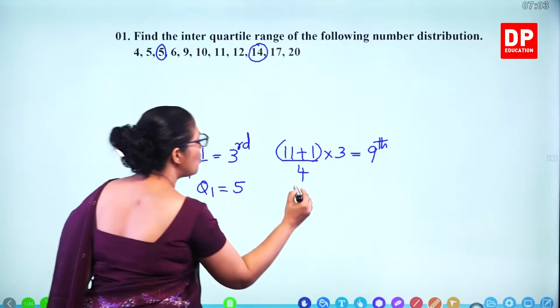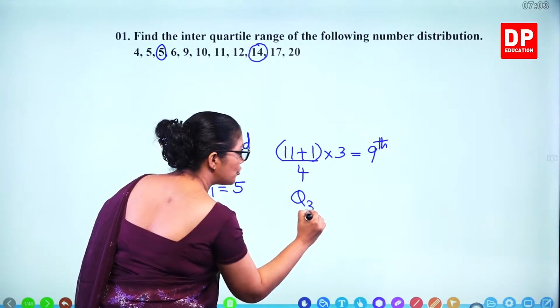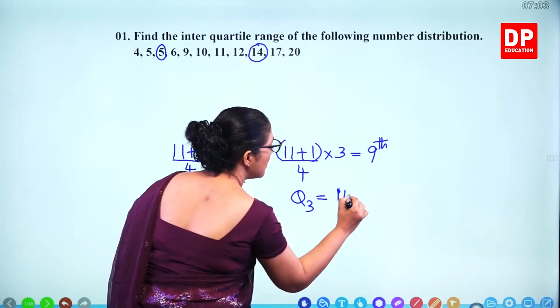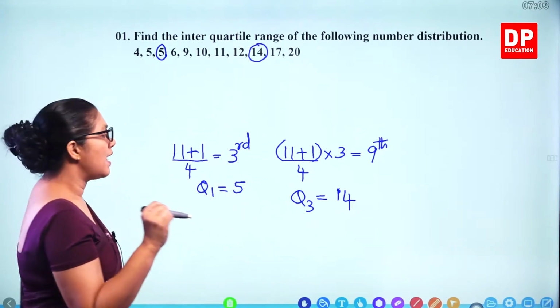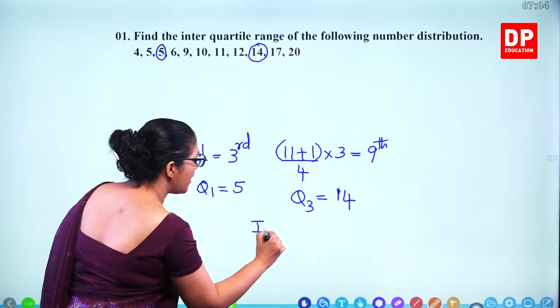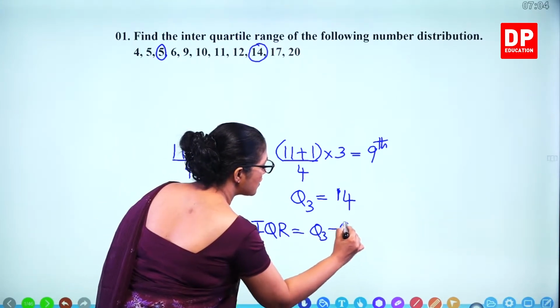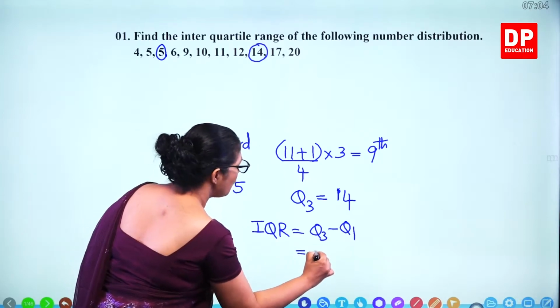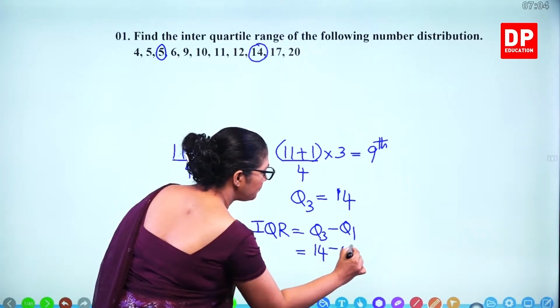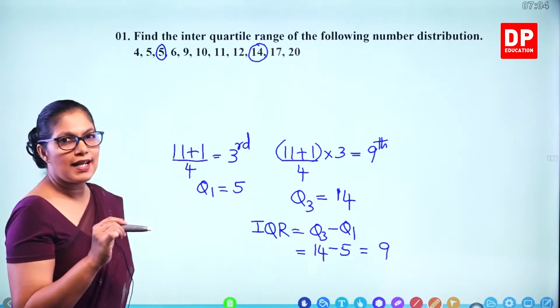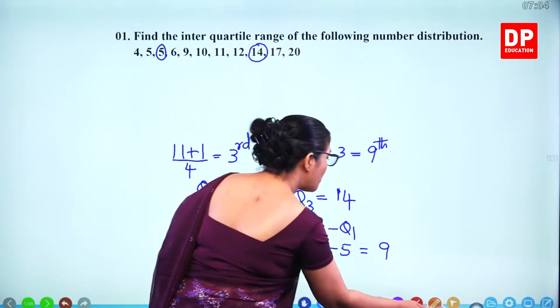So Q3 is 14. The interquartile range is the difference between the third quartile and the first quartile. 14 minus 5 is 9. So 9 is the interquartile range, and you get 2 marks for that.